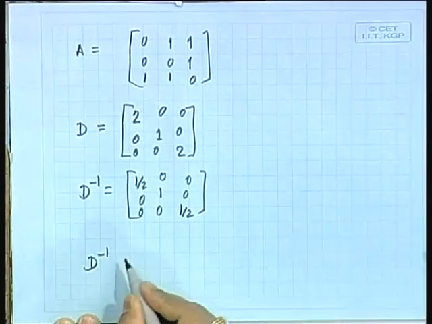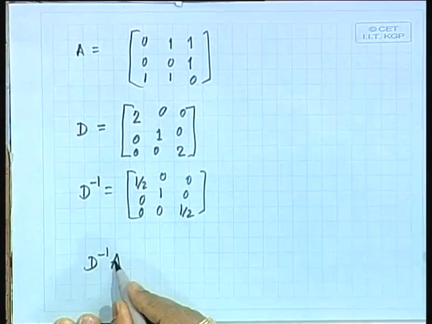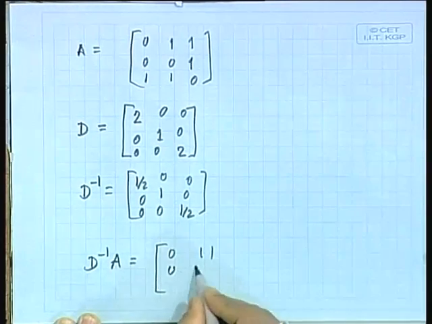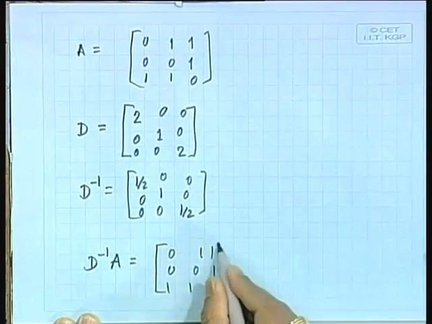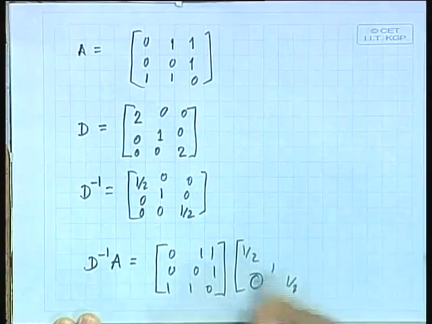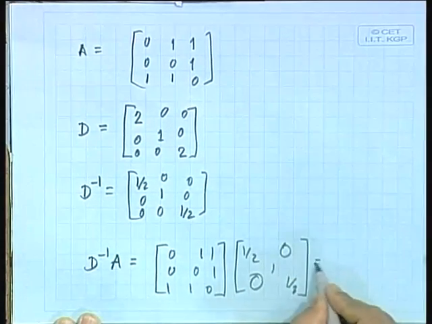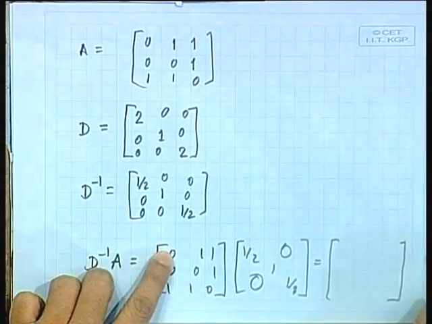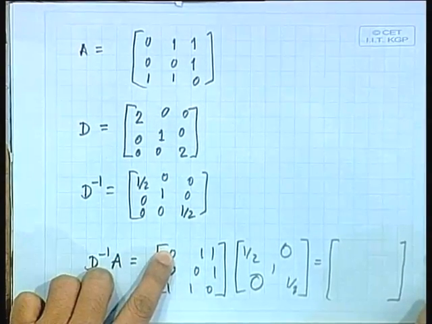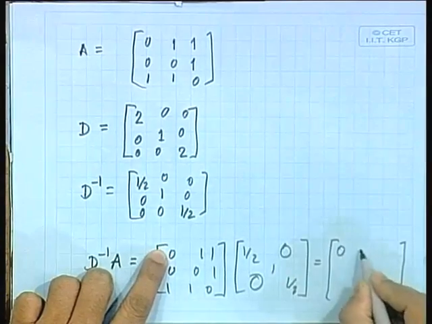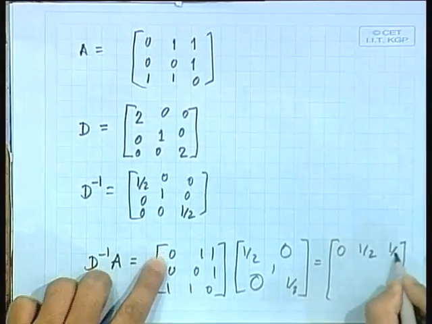Now, you do D inverse A, and what do you get? So, what are these entries? Is it right?